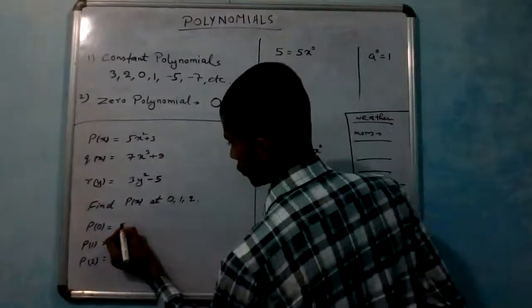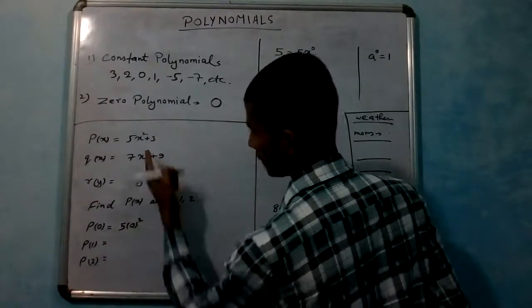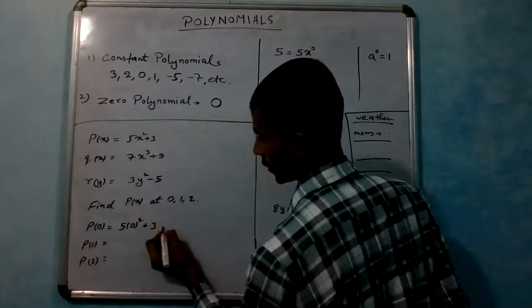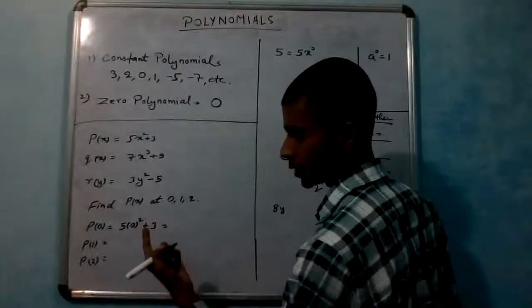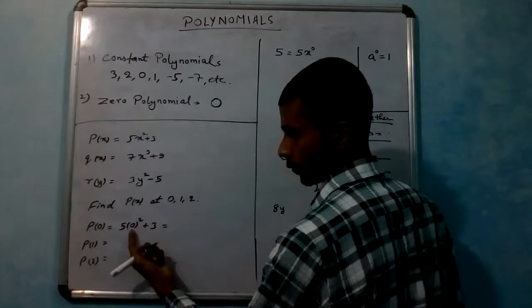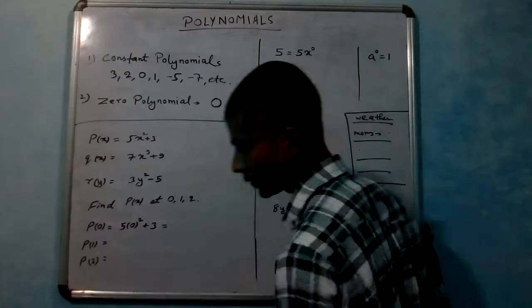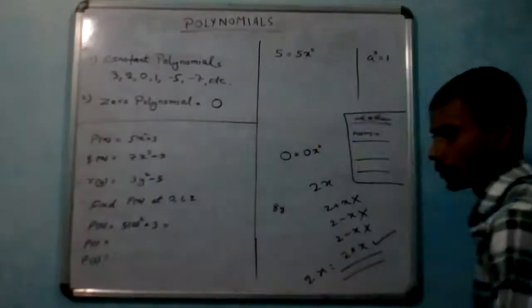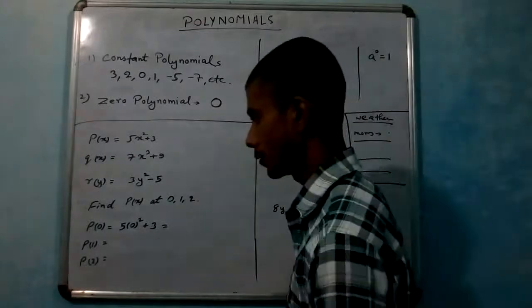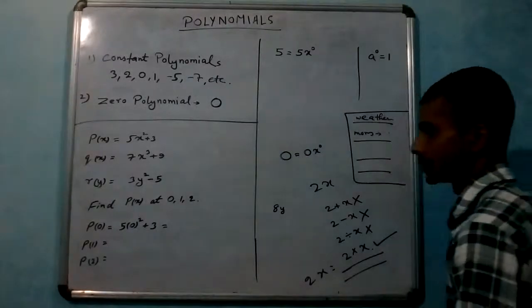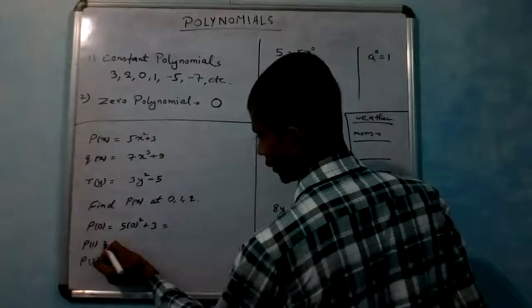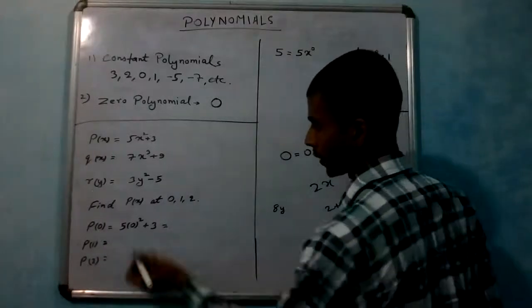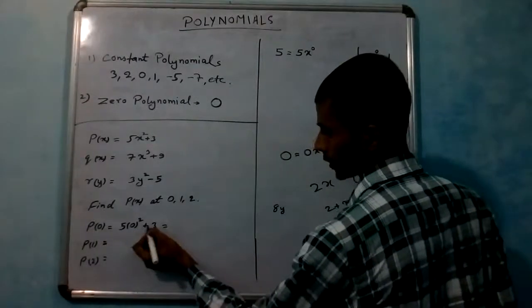So 5 and then 0 square plus 3. How much? 0 square means 0. 5 into 0 means 0. Sure? Please be here with your brain, concentration, mind, everything. Okay, so 0 plus 3, how much?